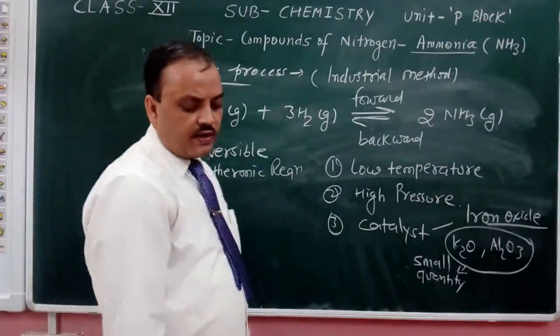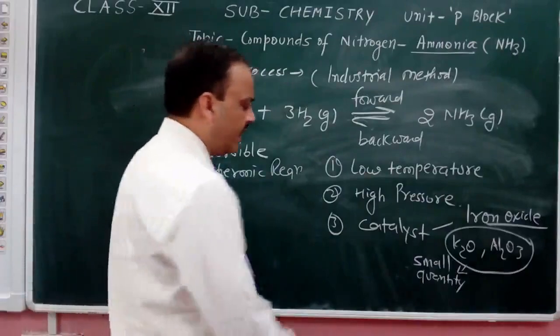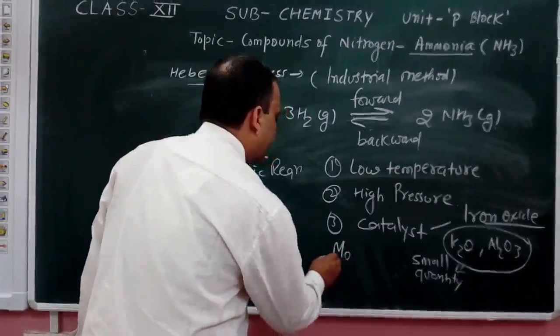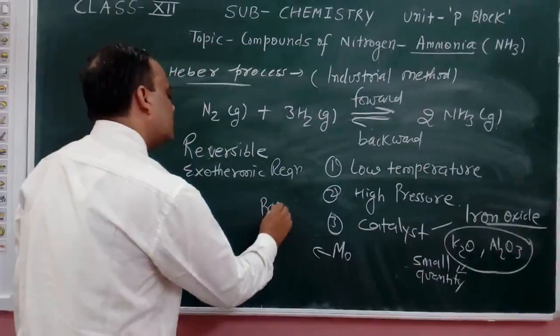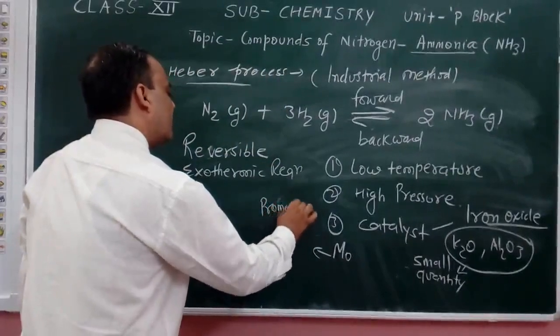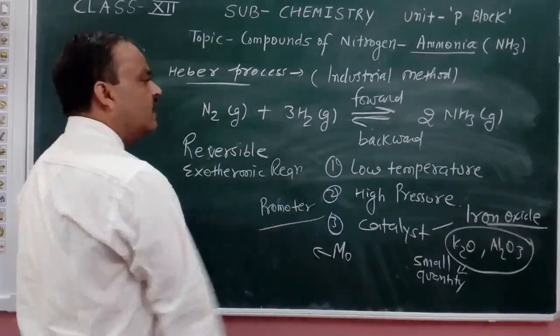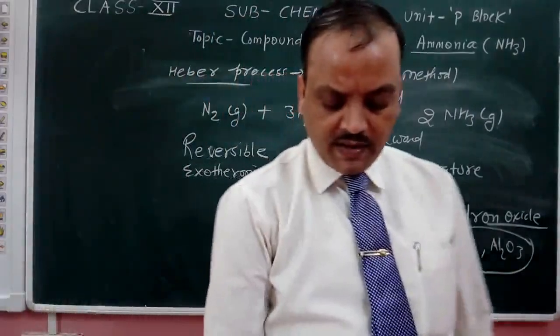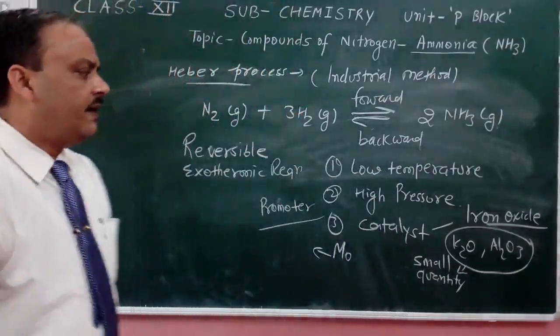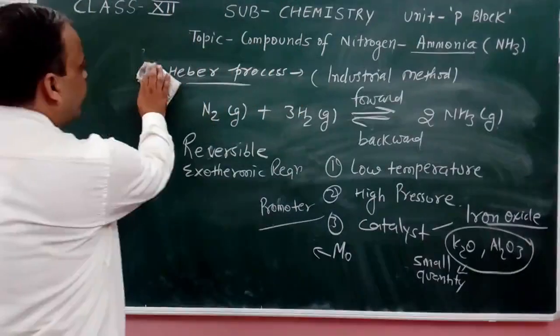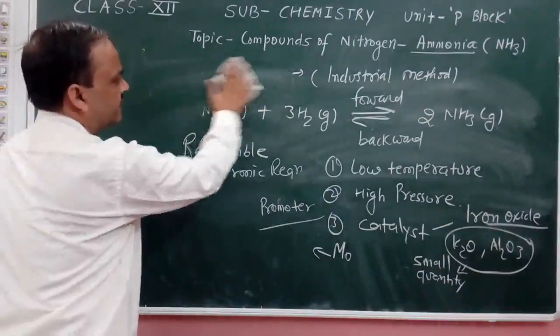Molybdenum is also used as a promoter in the preparation of ammonia by this particular method.